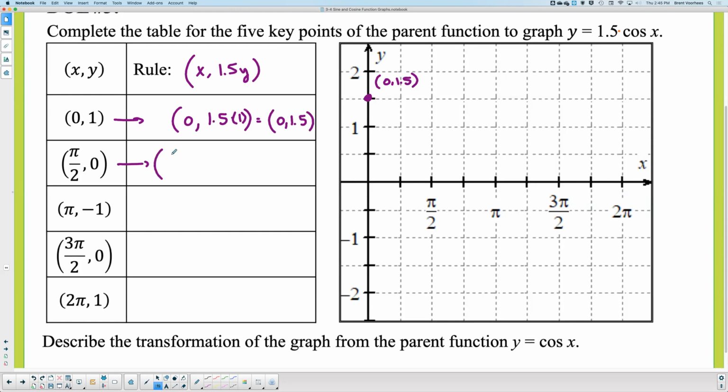Here again, the x does not change, so it's pi over 2, comma, and then it'll be 1.5 times 0. What's 1.5 times 0? There's our 0. Pi over 2, comma 0.